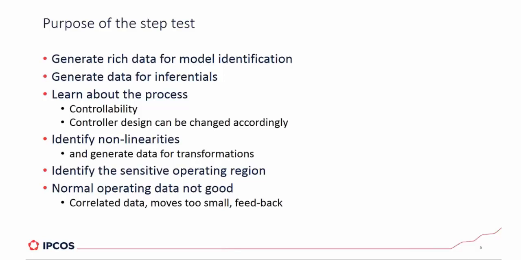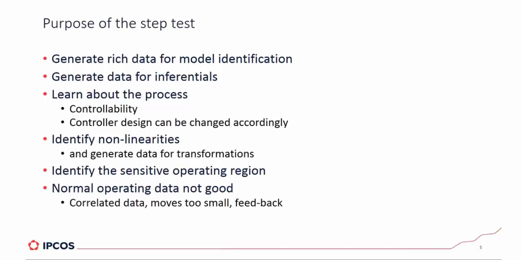It is very often that we have a functional design which we've done before the step test, and due to all the information that we acquire during the step test, we very often change our design by leaving out MVs, leaving out CVs, or maybe even adding other variables to the controller design.